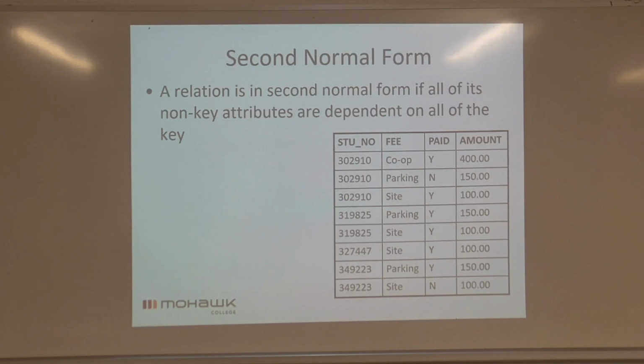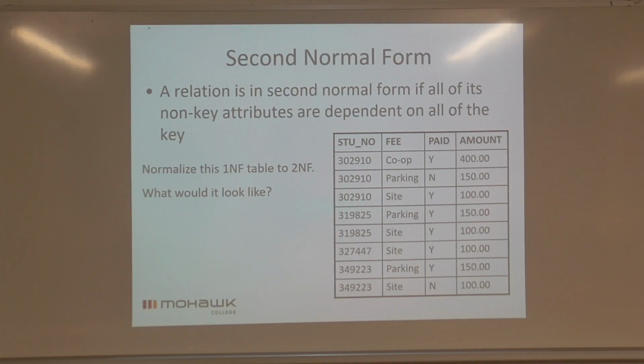So, we proceed to the second normal form. A relation is in second normal form if all of its non-key attributes are dependent on all of the key attributes. So, if we were to normalize this table into second normal form, what would it look like?